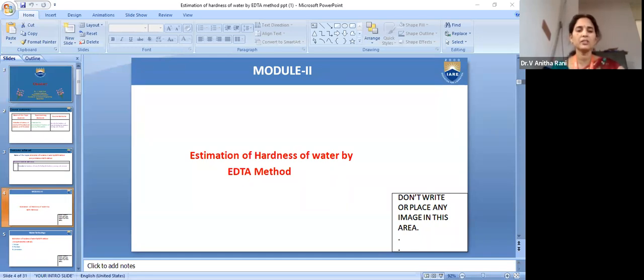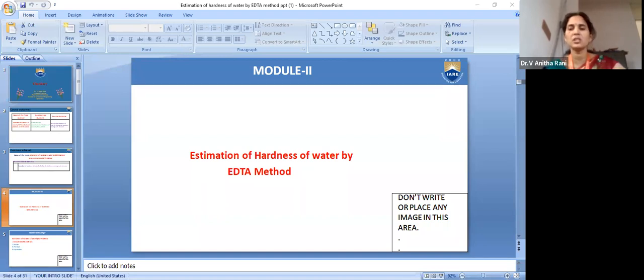And the solutions we are taking: first we have to prepare the standard water, that is calcium carbonate solution. Next we have to take the water sample, and the boiled water. So these are the chemicals and samples we are using.